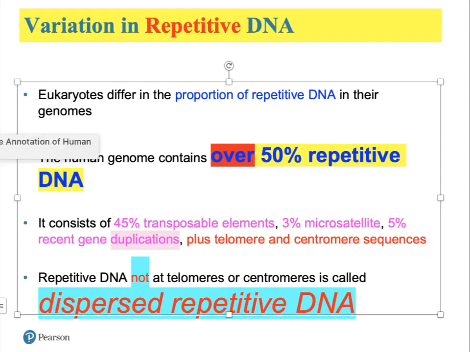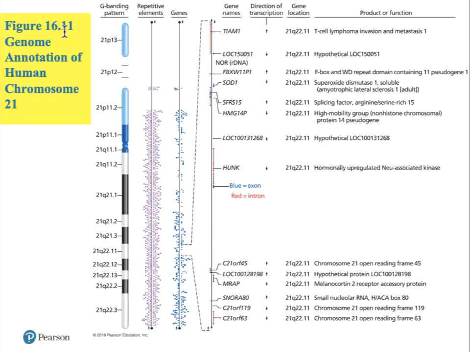Repetitive DNA not localized at these telomeres or centromeres has a name, and that's called dispersed repetitive DNA. Figure 16.11 shows one of the smaller human chromosomes, chromosome 21, and you can see that by using different techniques, we are able to localize and annotate that chromosome in various ways, from broad to very specific.